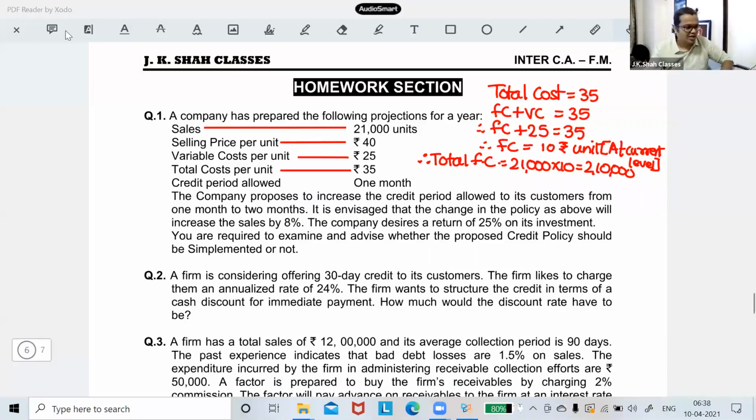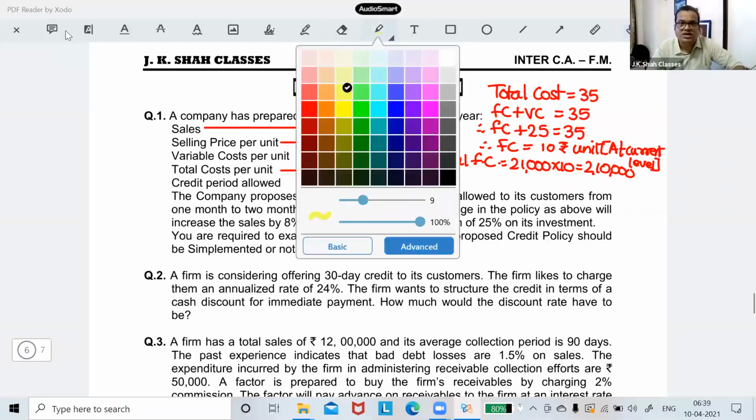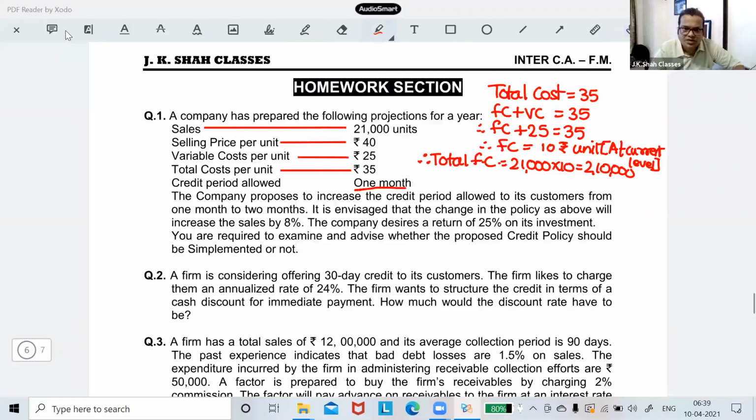Okay. So current credit period is 1 month. Company proposes to increase the credit period allowed to customers from 1 month to 2 months. So as you can see, everything will change now. All the calculations will change. So this is a new credit period.